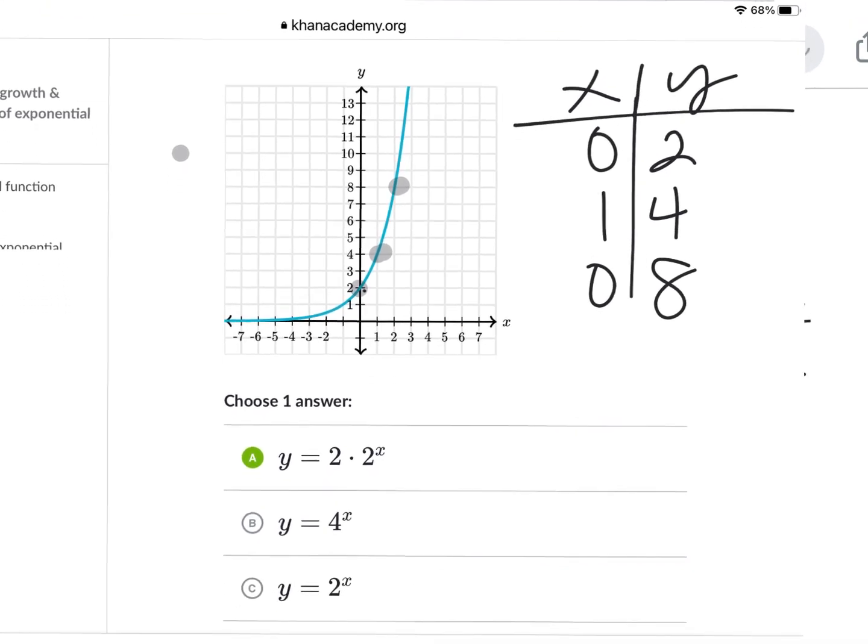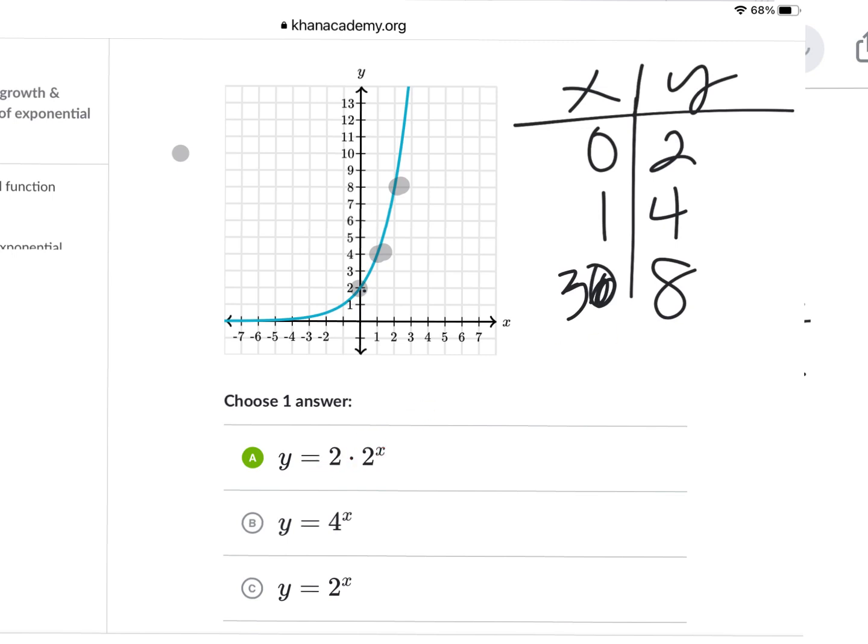Okay, so 2 to the 0 power is, we're going to check this one first. 2 to the 0 power is 1 times 2 is 2. So that checks out. 2 to the first power would be 2 times 2 is 4. So that checks out. Oh, sorry, this should be a 3, not a 0. 2 to the third power is 8 times 2, which is 16.